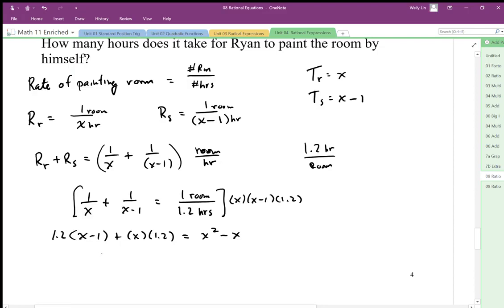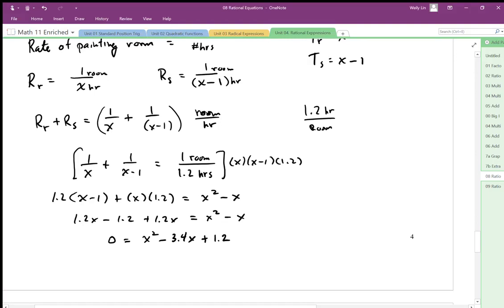Multiply these brackets here, so 1.2x minus 1.2 plus 1.2x equals x squared minus x. We're going to make this equal to 0. So I'm going to subtract 2.4x, so it's going to be x squared minus 3.4x. I'm subtracting 1.2, and I'm going to add 1.2 on both sides. So there's my quadratic equation.